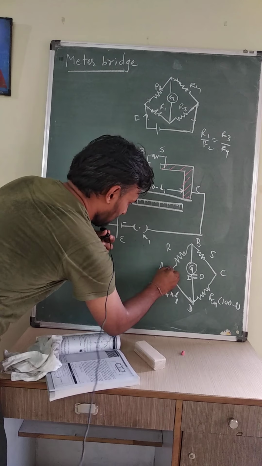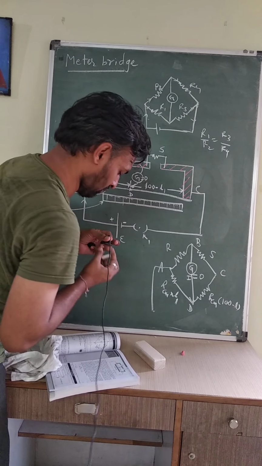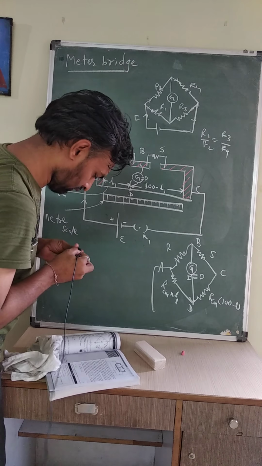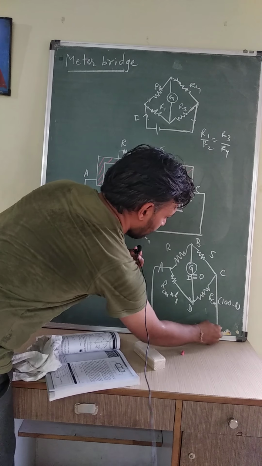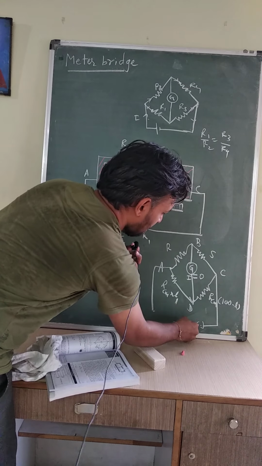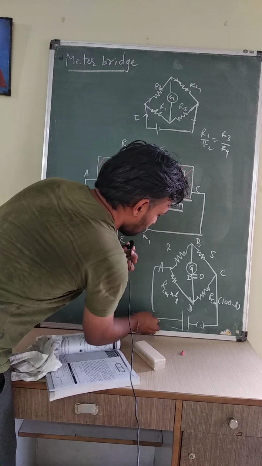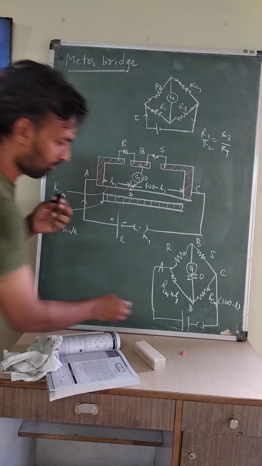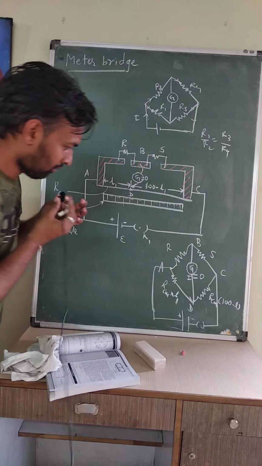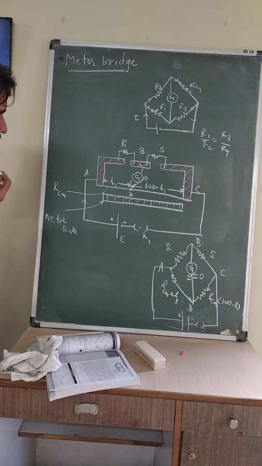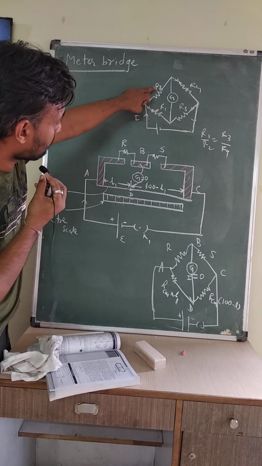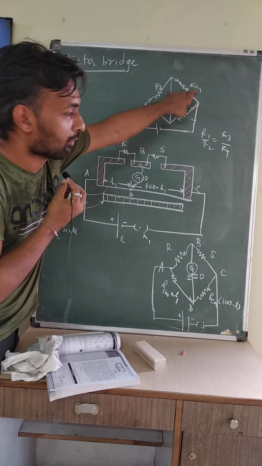And between A and C we have a switch and cells of the battery. So again, for this portion, if we apply the Wheatstone bridge circuit, the Wheatstone bridge says that R1 upon R2 is equal to R3 upon R4.